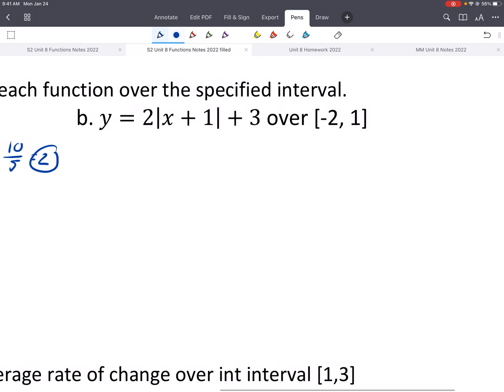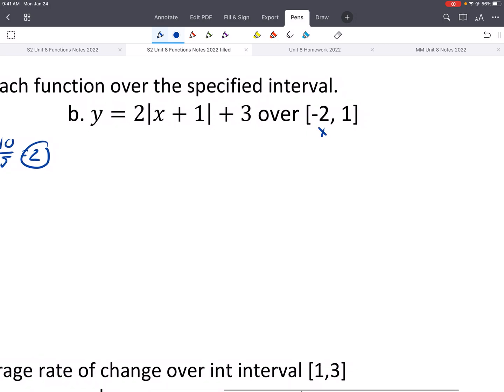All right, here's an equation that's not a constant rate of change. So we would definitely need to do this. So again, this is like your x1 and your x2. We need to find our y1. So we would plug all that in. So we'd get -2 plus 1 plus 3. So absolute value functions are kind of like parentheses.